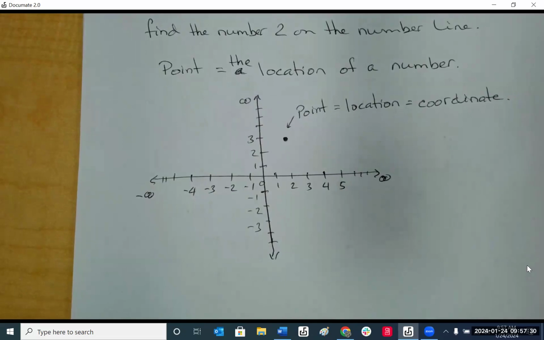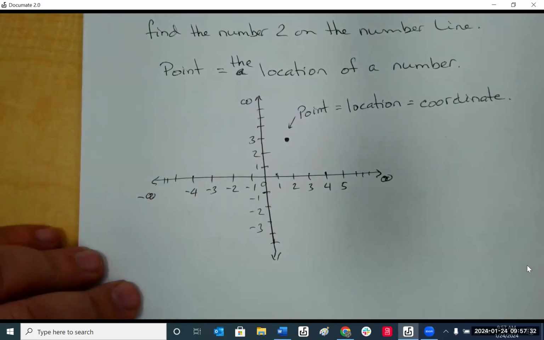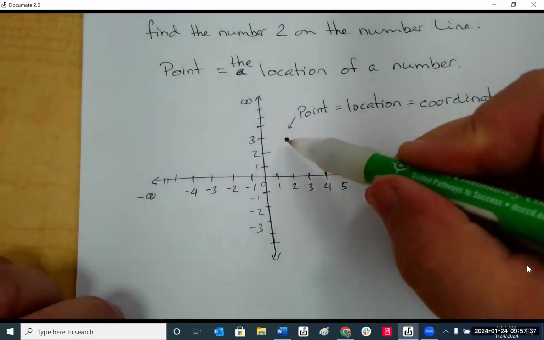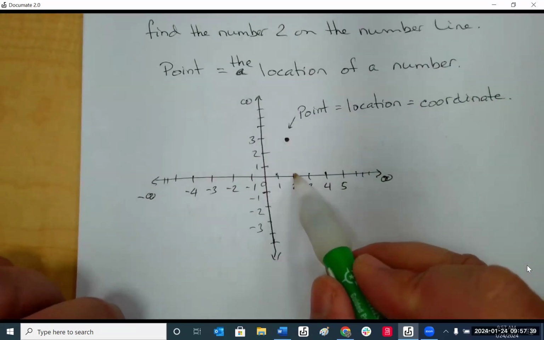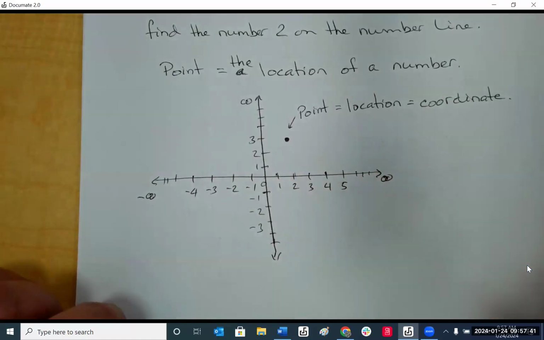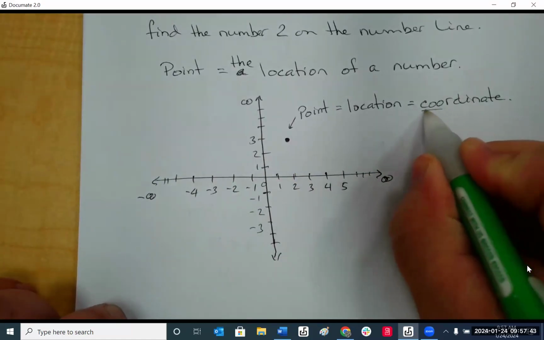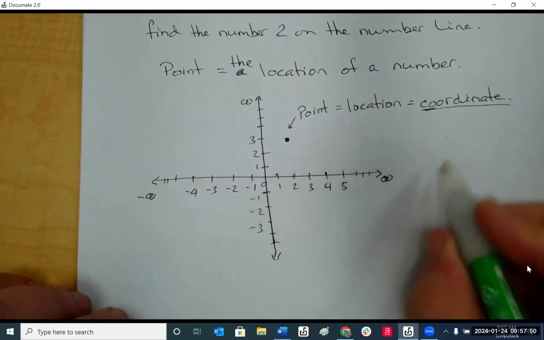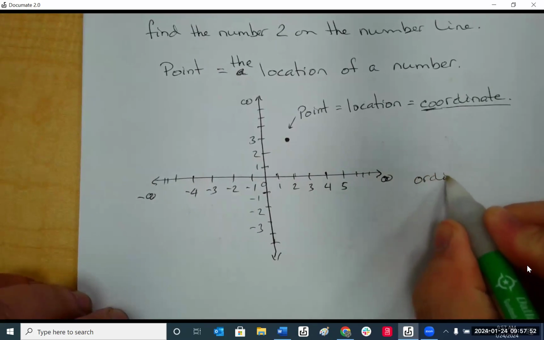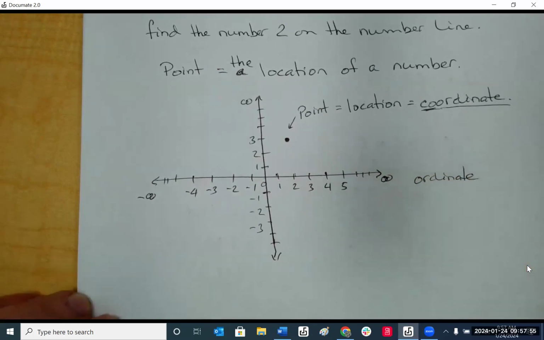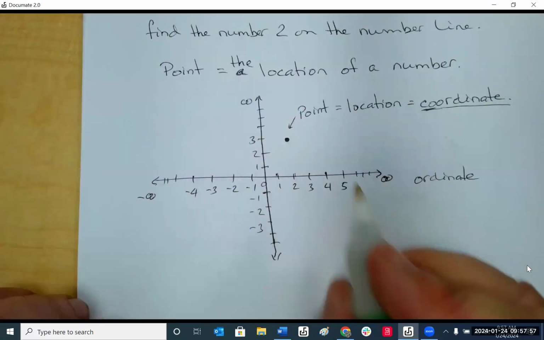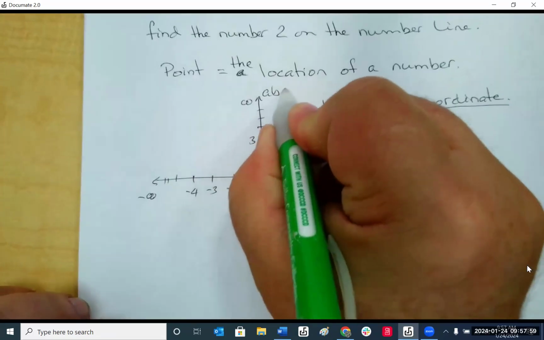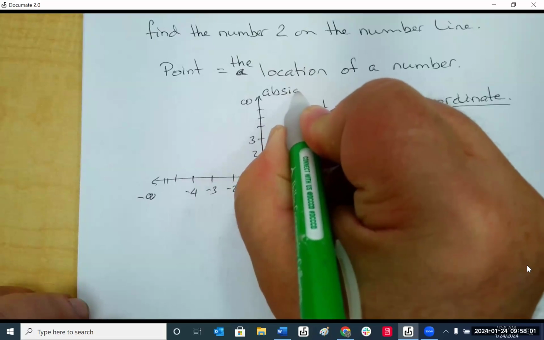Locations and coordinates are the same things. The question became, how do we differentiate that number from just this number? The reason it's called a coordinate is because the horizontal axis was called the ordinate and the vertical was called the abscissa.